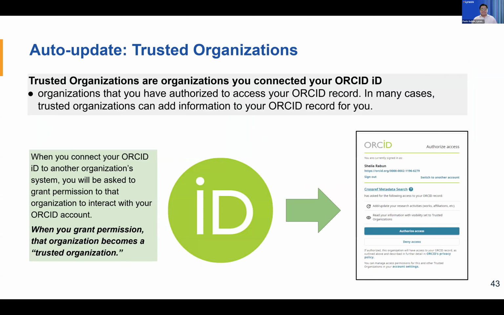And that's the same concept as a trusted organization. That's really what a trusted organization is: when you give authorization to a particular system or organization. In this case, you would say, I give authorization to Crossref. So you authorize access here.